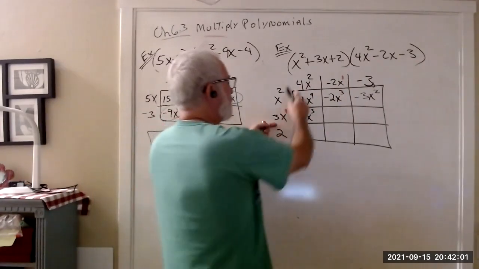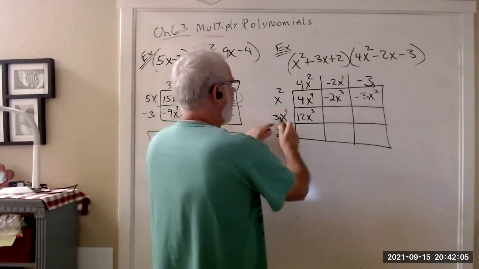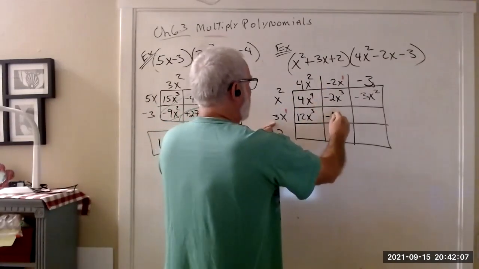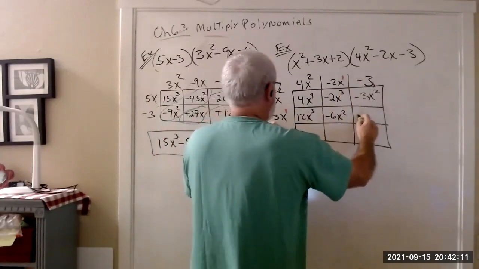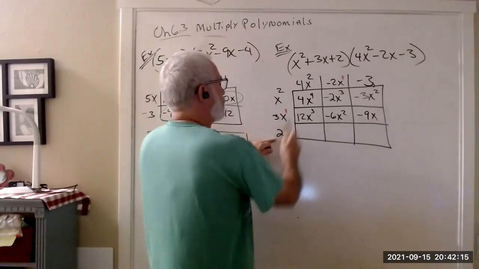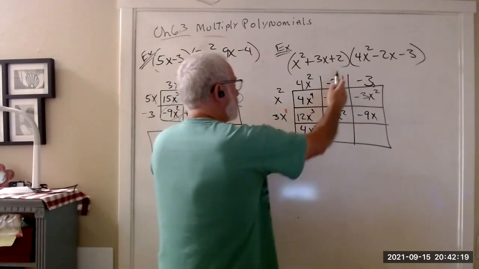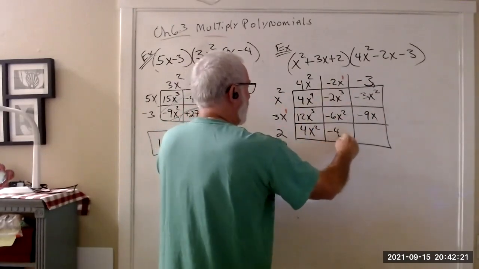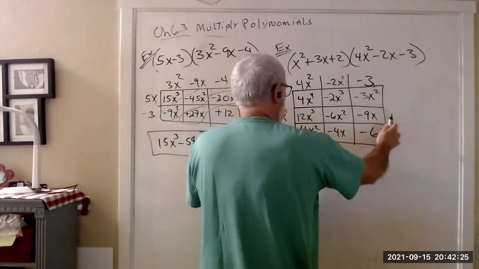But 3x times 4x squared is 12x to the third. 3x times that is negative 6x squared. 3x times that is minus 9x. 2 times that is 4x squared. 2 times that is negative 4x. 2 times that is negative 6.